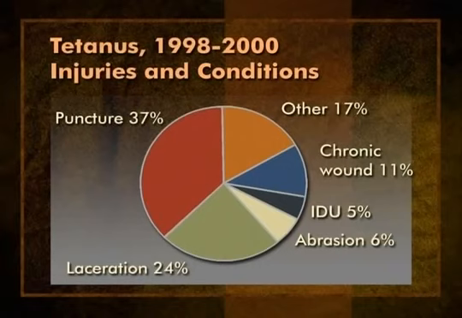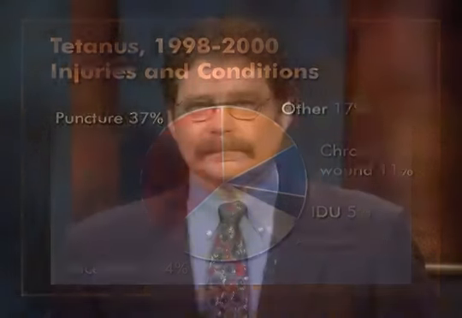Chronic wounds, such as abscesses and ulcers, accounted for 11% of cases. 15% of tetanus cases occurred among injection drug users, about 1/3 or 5% of whom had no other known risk factor or injury. 12% of cases occurred among persons with diabetes.